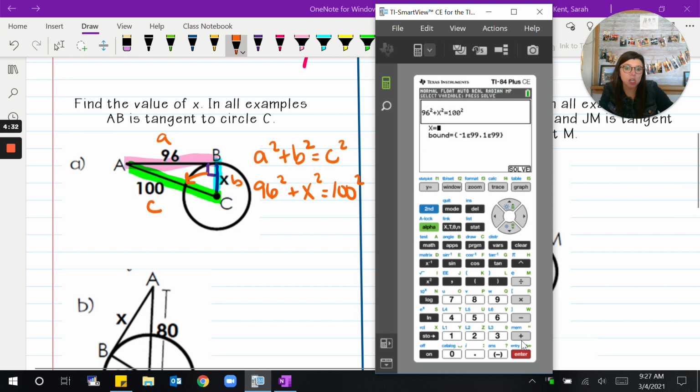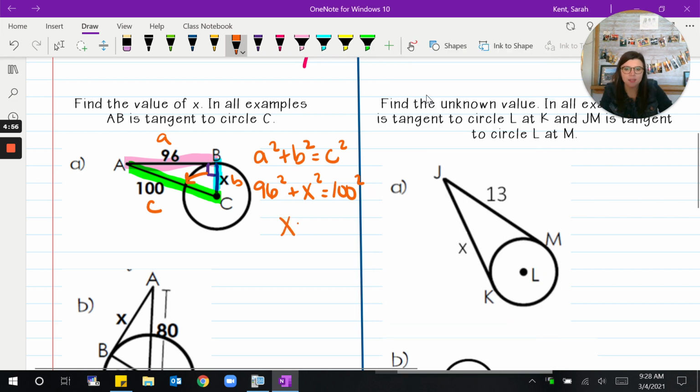I'll press enter, and then alpha graph. I get 28.00000. If you have point all of these zeros, we can just say 28. So for this one, x equals 28.